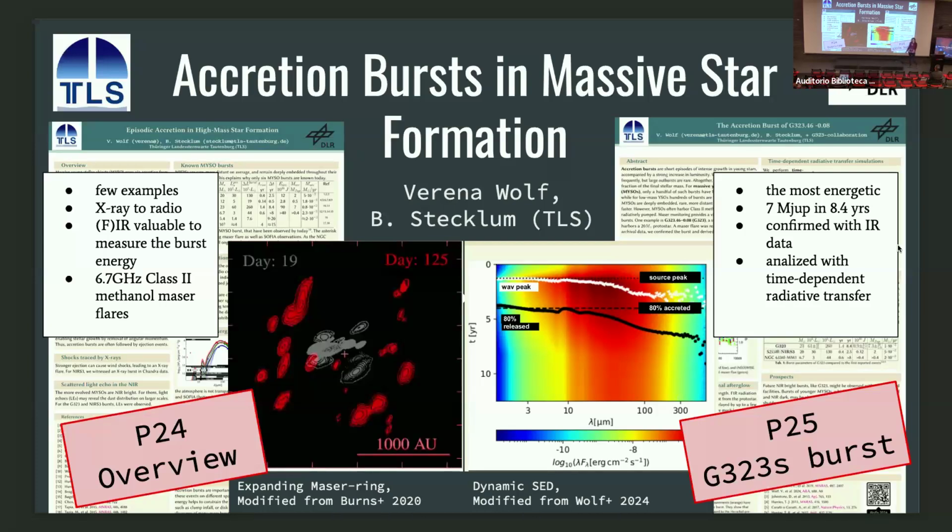And it shows the time span when the burst starts up to a few years after its end. And what you can see is that the flux density increases over the whole infrared wavelength range. And you can further see that the time scales depend on the wavelength. Yeah, and this is basically what I use in my models.